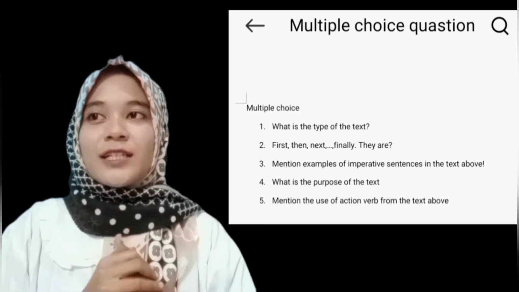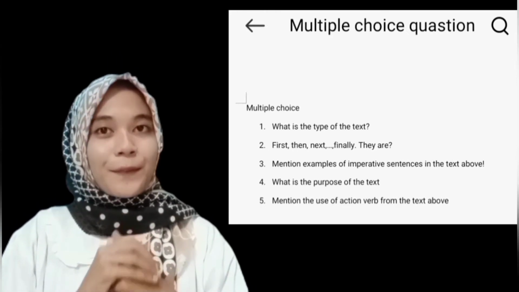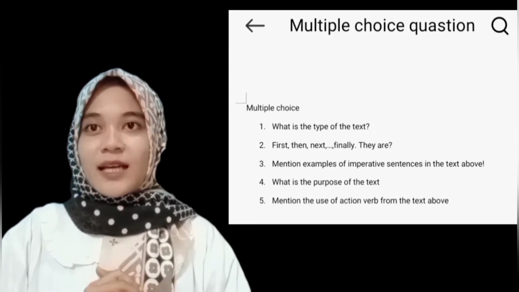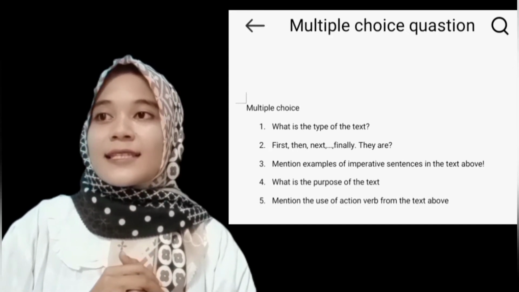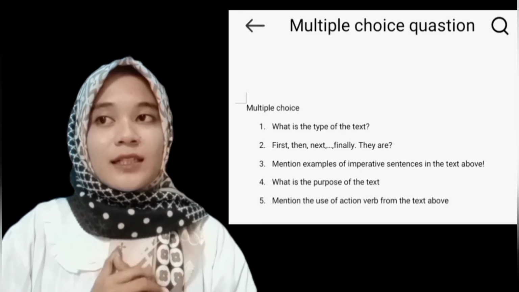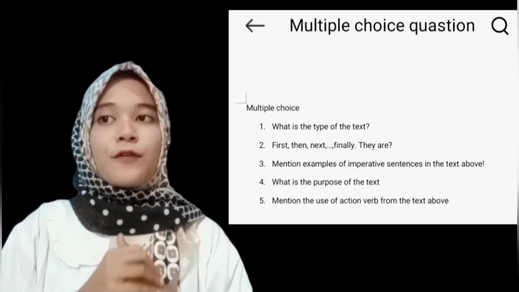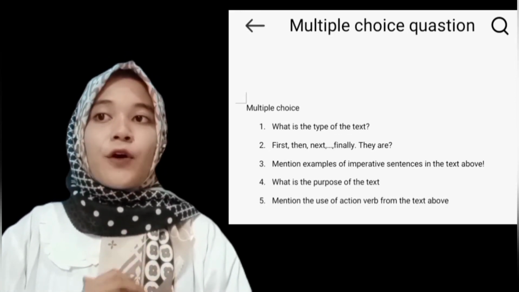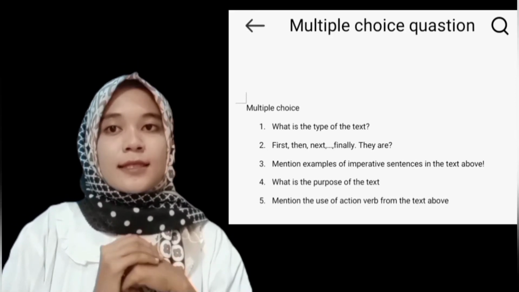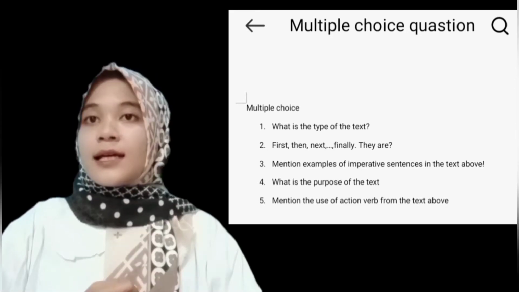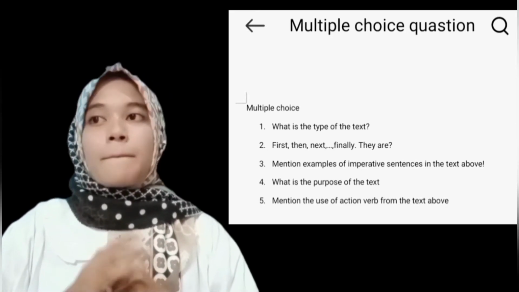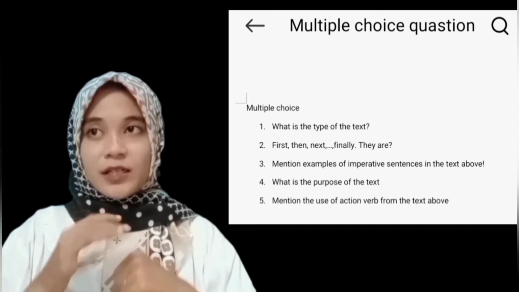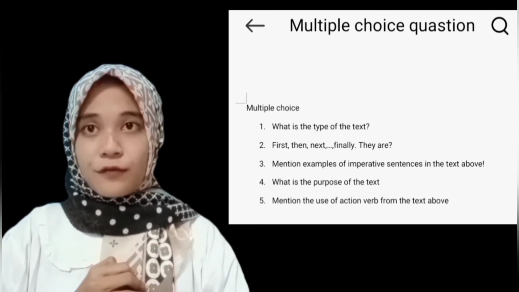So, question number 4. What is the purpose of the text? The purpose of the text is to tell the reader how to evaluate a website before we accept what it is telling us. The last question: mention the use of action verbs from the text above.